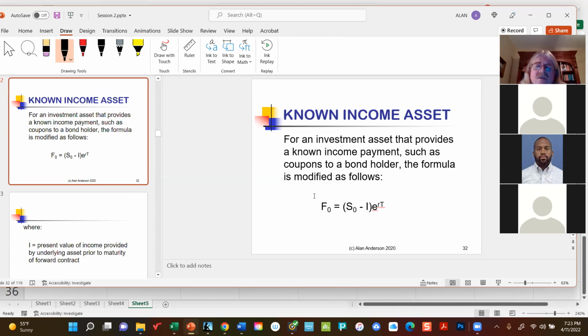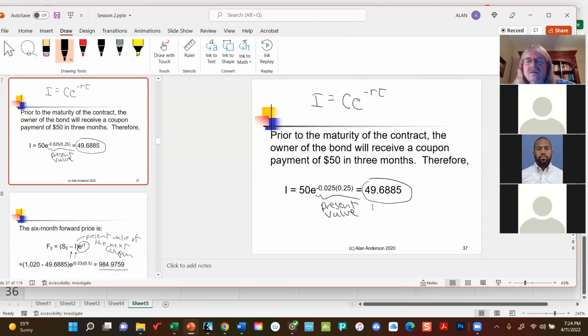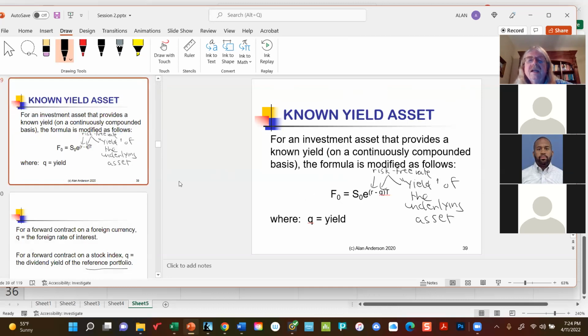And again, this is only an approximation, but we can do it because it's a lot simpler and probably more accurate than doing it with discrete compounding or discrete cash flow. So what happens then, and you'll see this more than any of the other models, is that, remember before, it was F0 = S0 e^(rT).